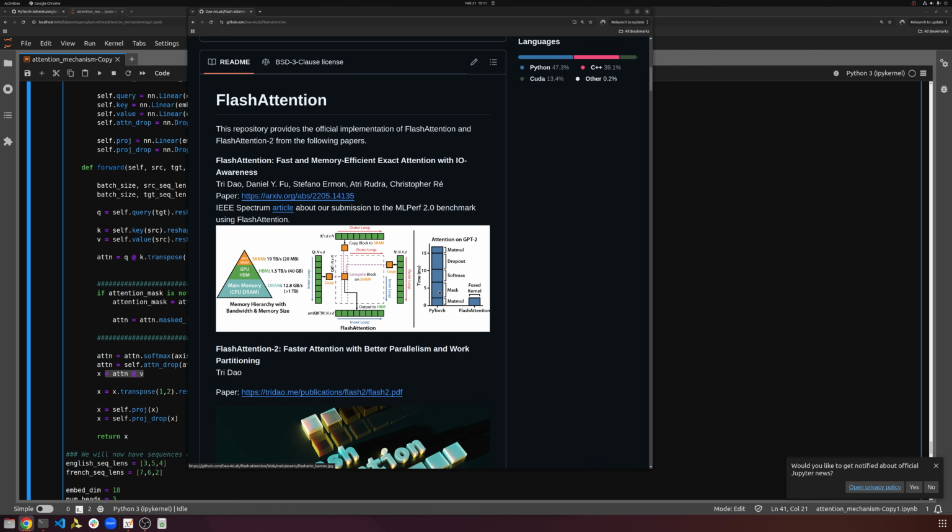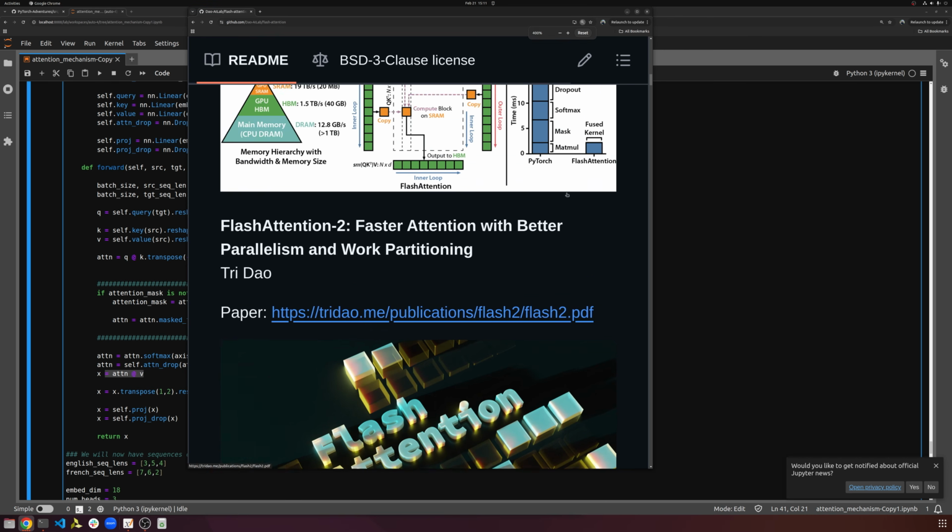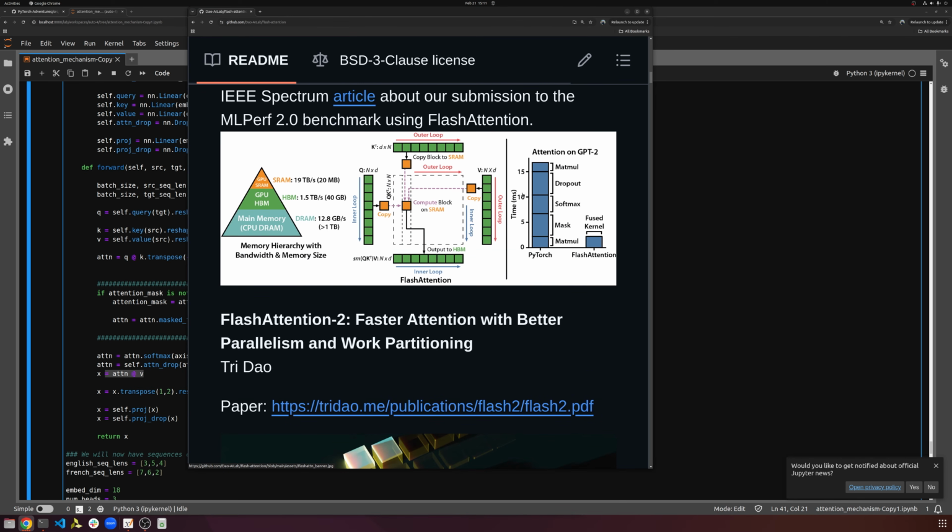Notice that we first do a matrix multiplication, then we do a masking, then a softmax, then a dropout, then another MatMul with the values. This is your operation, right? You could do all these operations separately. This is how PyTorch would do it. Or you could have a fused kernel.